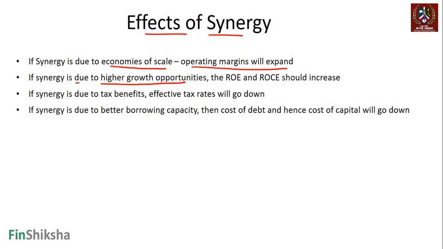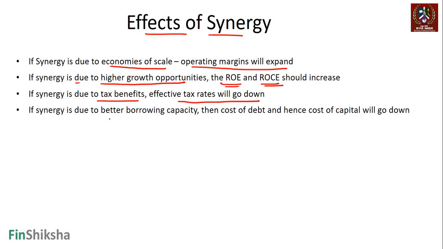Then you will typically see that the combined entity over a period of time will show an increase in both the return on equity and return on capital employed, right? If the synergy is due to any kind of tax benefits, then automatically over a period of time, the effective tax rate would be lower, right?